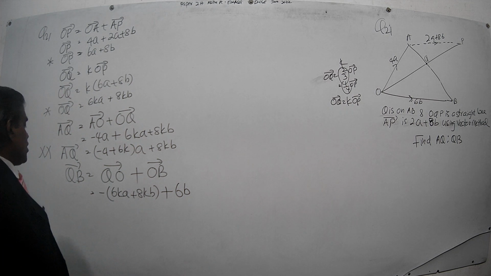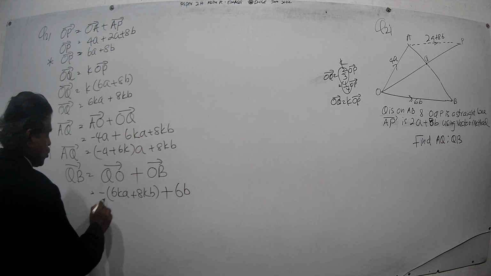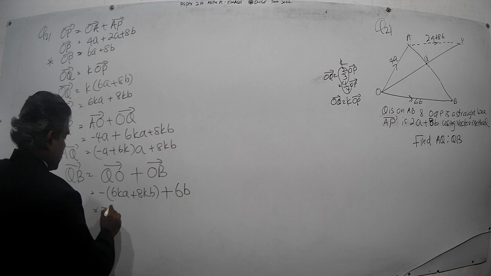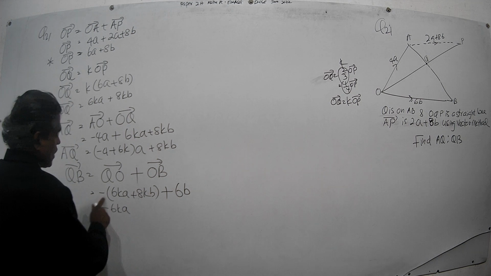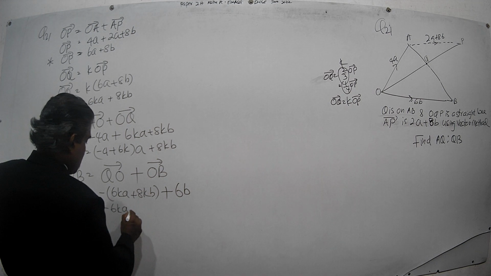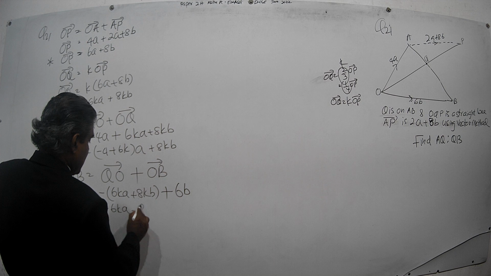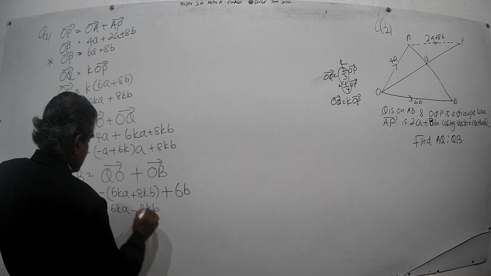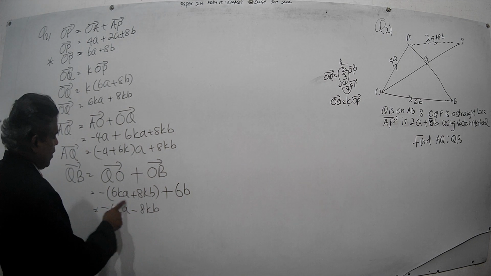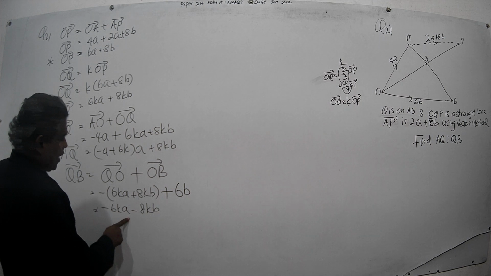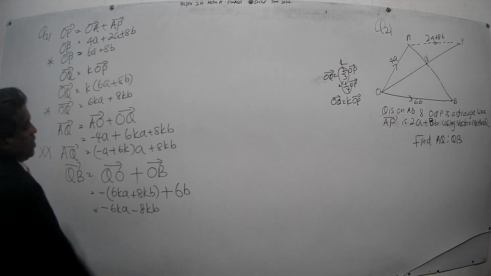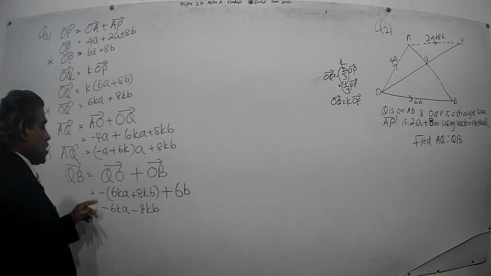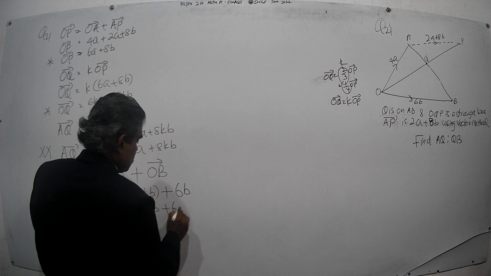Now you can simplify this also. You remove the bracket: minus times 6kA is minus 6kA, then minus times 8kB is minus 8kB. We remove brackets by multiplying by minus, and then plus 6B.